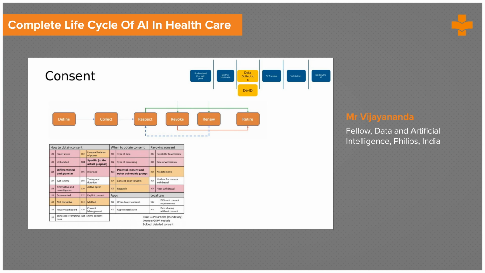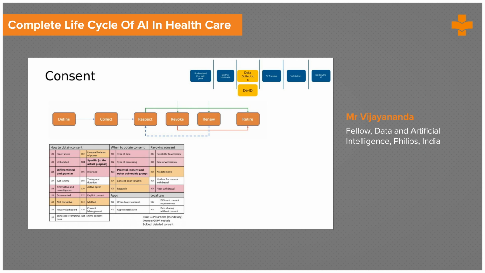And it should be such that at any point of time, the consent can be revoked as well. So there has to be a mechanism in place where, when the patient gives the consent for processing the data, the purpose for which the data is taken and for how long the data will be kept all need to be present, and it should be an informed consent.